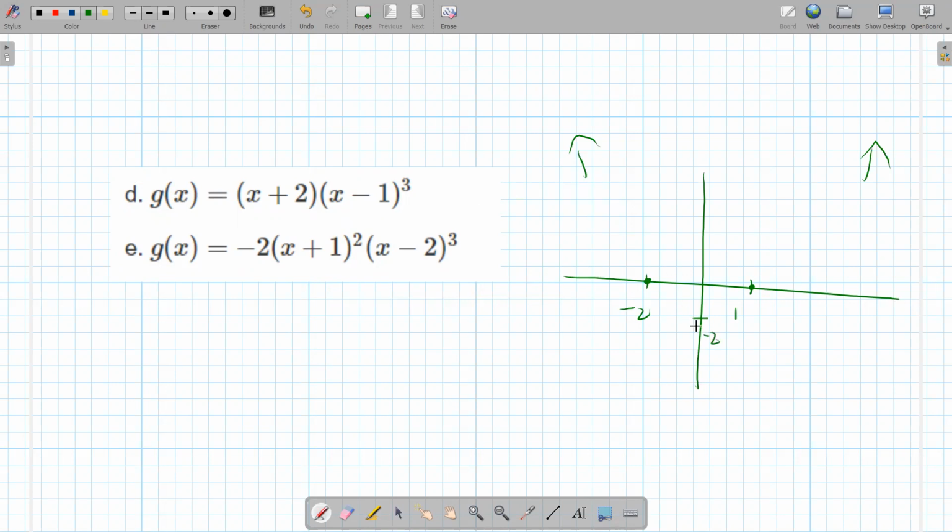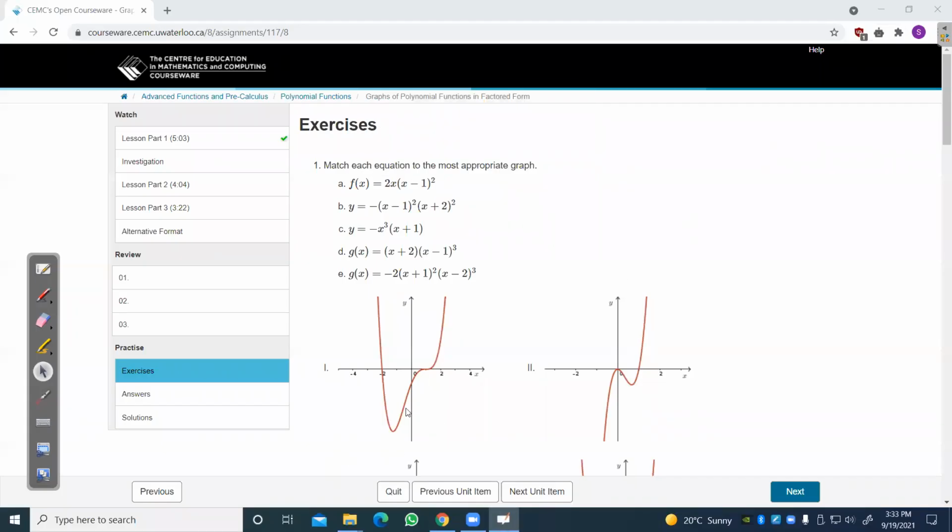The y-intercept is negative 2, I just plugged 0 in there. So it's going to look like this. Here there's a cubic function. So even though it's a degree 4 polynomial, it only has one turning point.